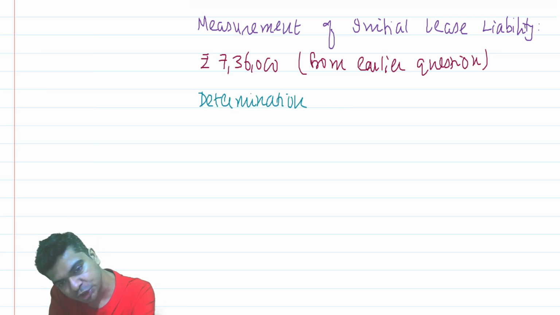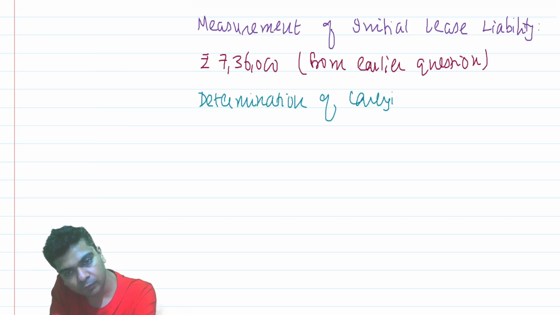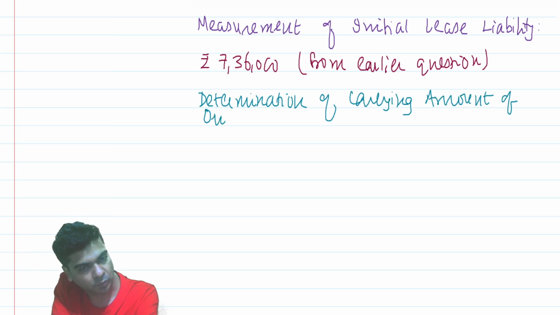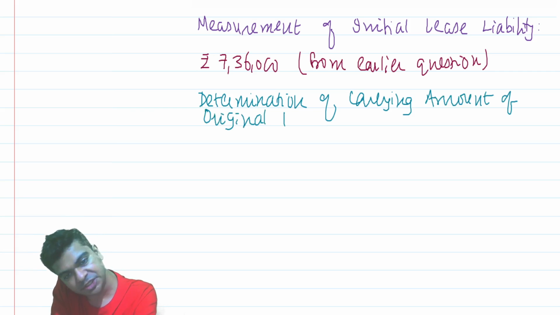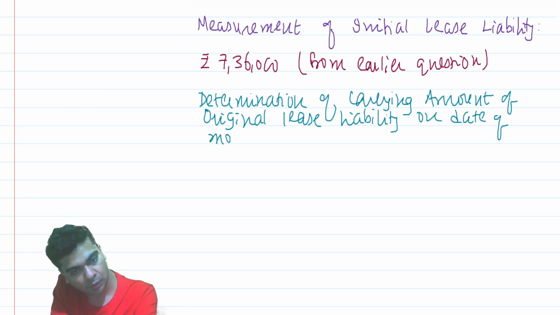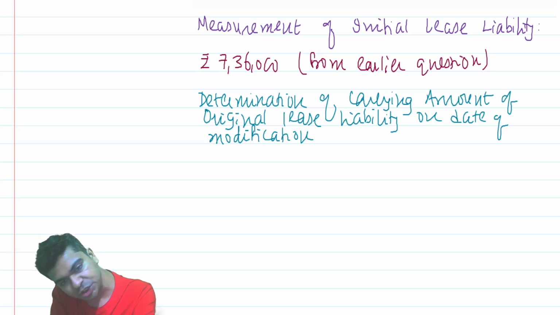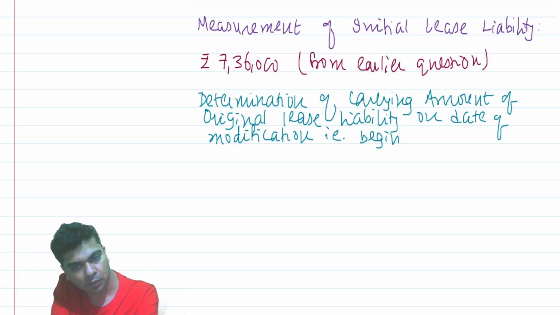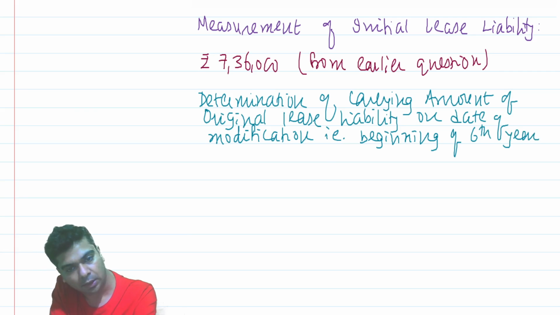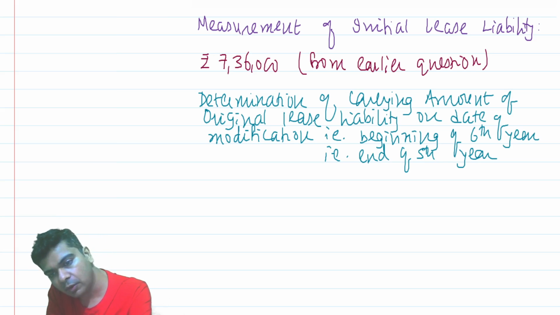We say determination of carrying amount of original lease liability on date of modification, that is beginning of 6th year, that is end of 5th year.